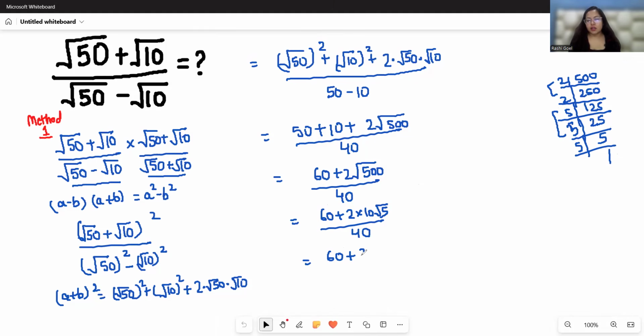So it's 60 + 20√5 over 40. If I take 20 as common from the numerator, it's 3 + √5 over 2. So the answer equals (3 + √5) / 2.